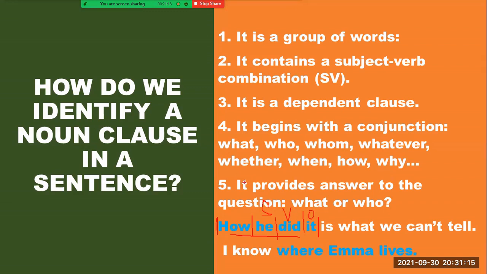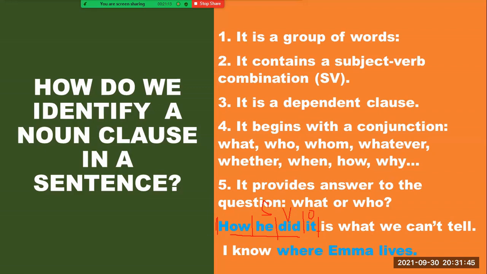The third thing is that a noun clause is usually a dependent clause. A dependent clause is a subordinate clause, and that means that it cannot stand on its own. How he did it, if we put a full stop, it cannot stand on its own because it's not a sentence. It cannot make a simple sentence, and it cannot convey complete meaning.